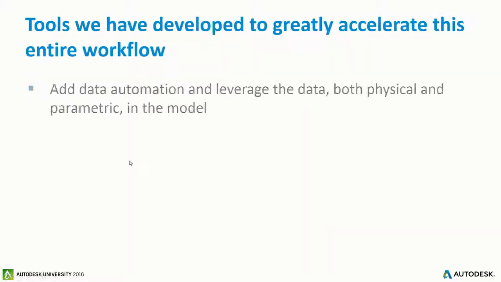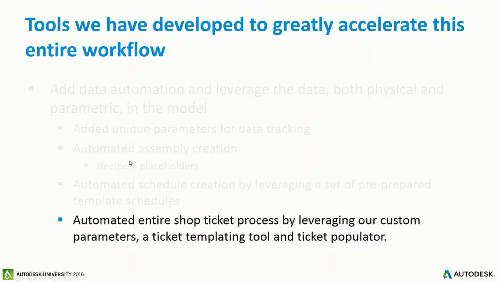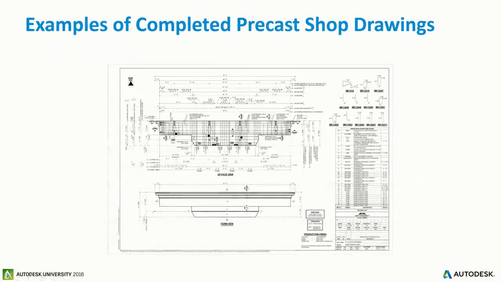If we can increase the efficiency and the ability to leverage Revit, I think we all see that it can be a much broader, more applicable platform, especially for the precast industry. We haven't seen a lot of adoption until we started creating some of these tools on top of Revit, and people started to get the sense that Revit can be used for precast with a little bit of help from some automation.